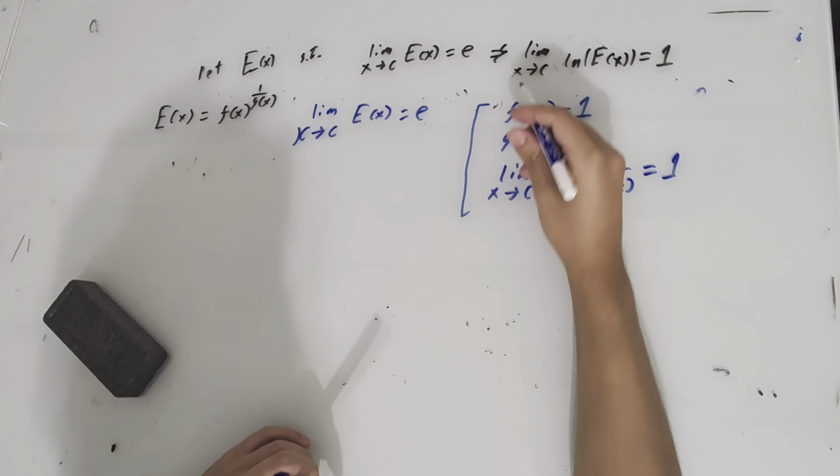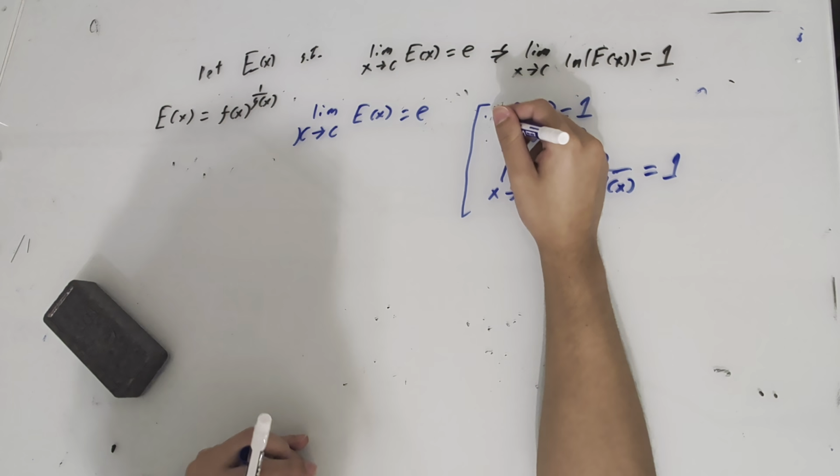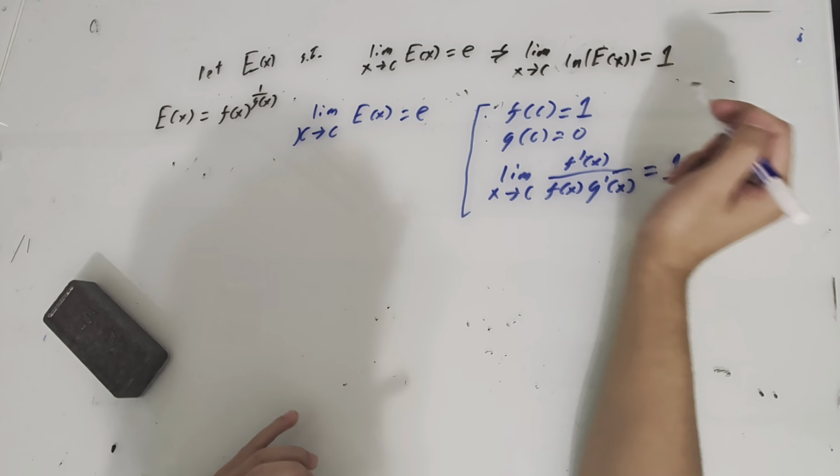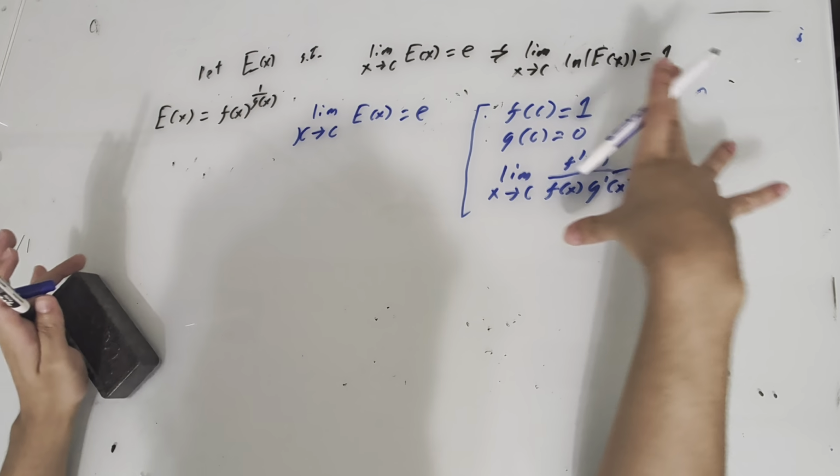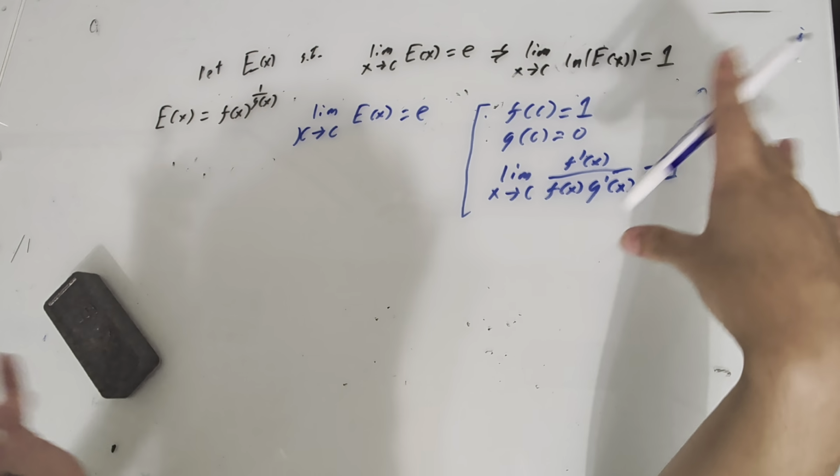Now, I'm not sure if you have to put limits in front of here to have sort of a less restrictive thing, but I think it's fine. All right, and if we follow this, we get our e.